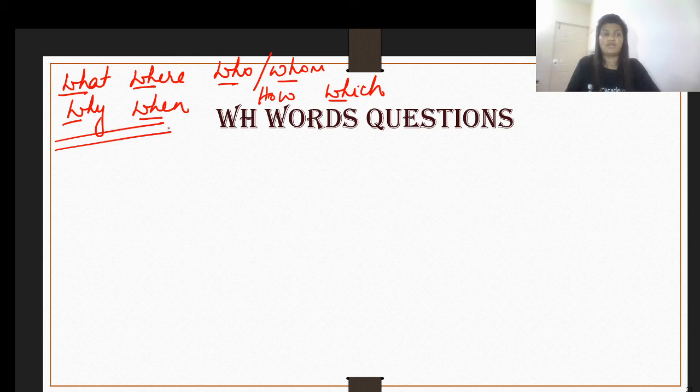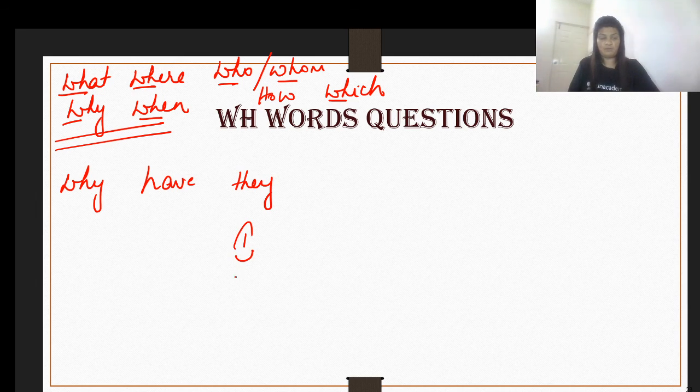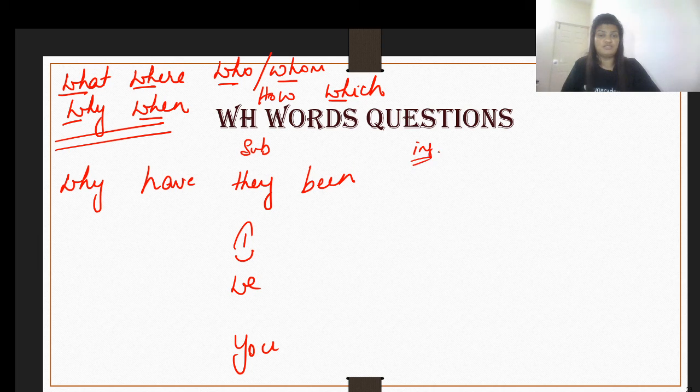So how can we frame questions when it comes to WH words in present perfect continuous? Well, let us say why have, if the subjects are they or I or we and you. Remember, you first introduce the WH word and then the have word, then the subject, and then the word been, and next is your ing main verb.